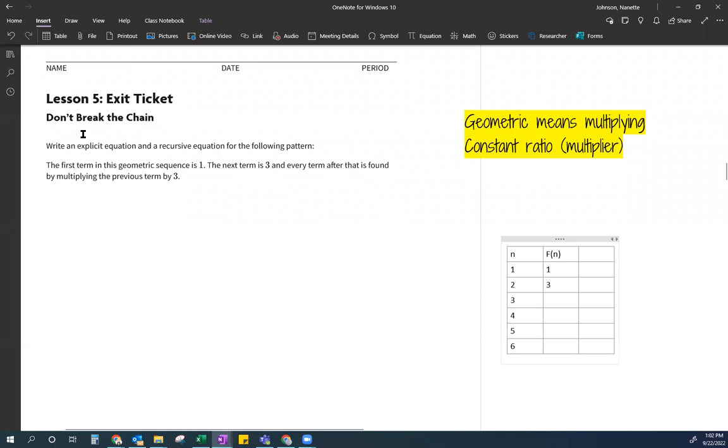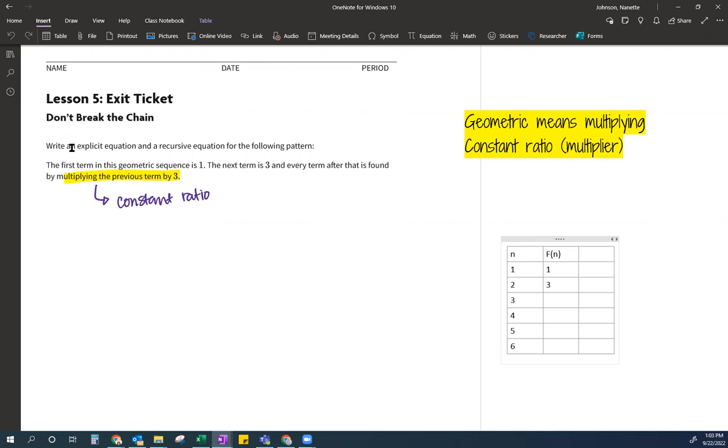So that right there tells me that I am going to be multiplying by 3 at every single interval. When this says multiplying the previous term by 3, this is my constant ratio, or your multiplier.